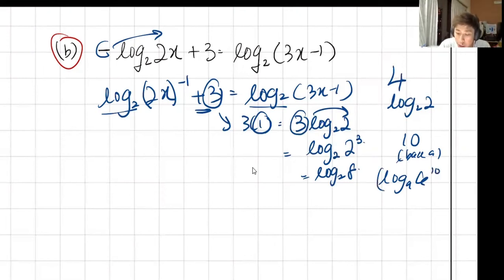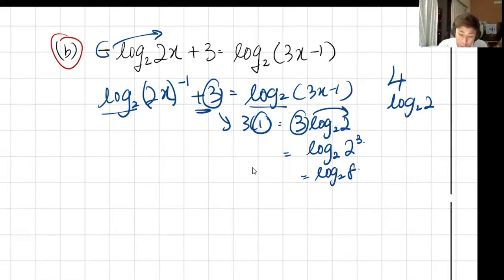Then the power of 10 up there. But before the power of 10, of course, the 10 exists in front first, because 10 times 1 gives you 10. So when you bring this 10 up there for power, you take log base A to the power of 10. This is what you do, okay?